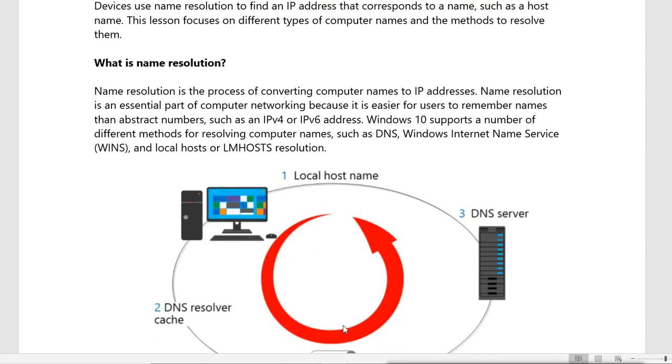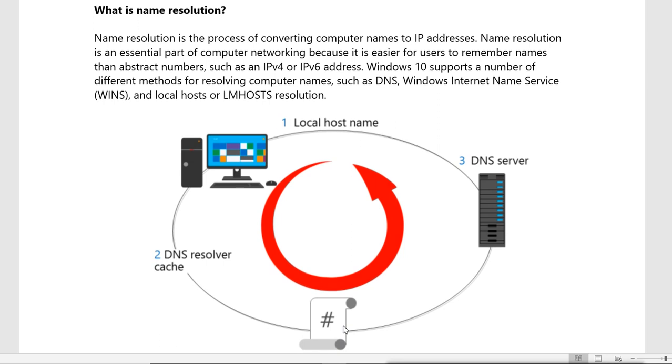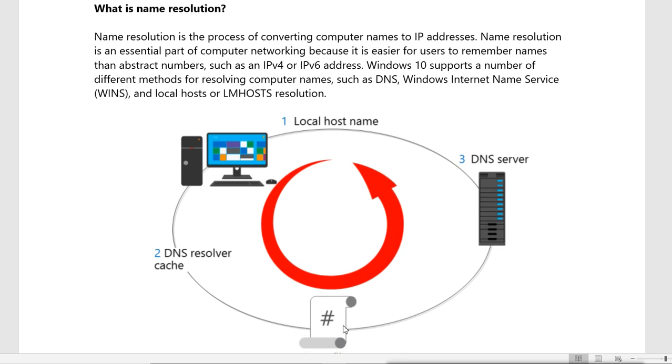Now, name resolution is the process of converting computer names to IP addresses. That means, remember, the communication is always done on the IP address. It is never done on the name.